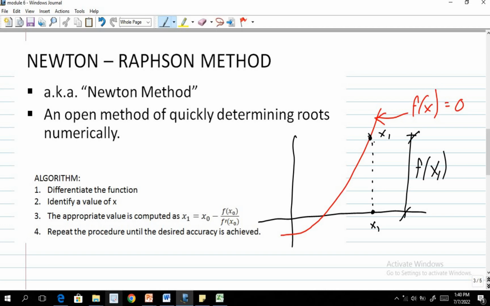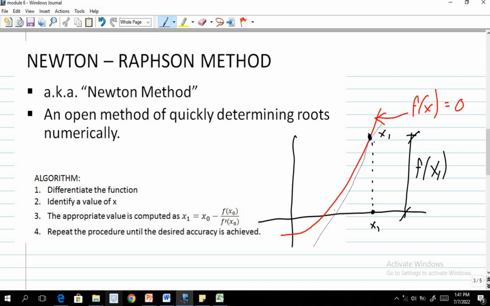the Newton-Raphson method, whereas regula falsi is based on linear interpolation, is based on the tangent line. So if I'm going to draw a tangent line passing through this x1, let's say that is the tangent line.